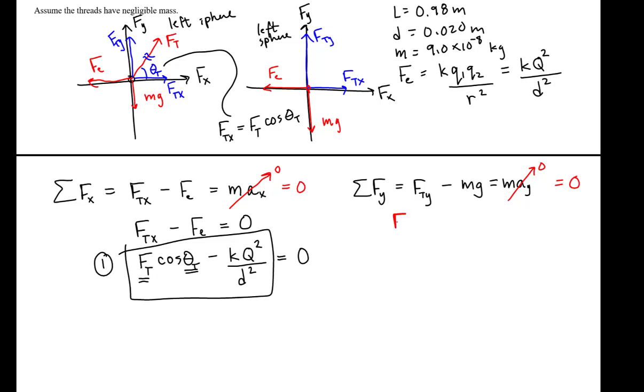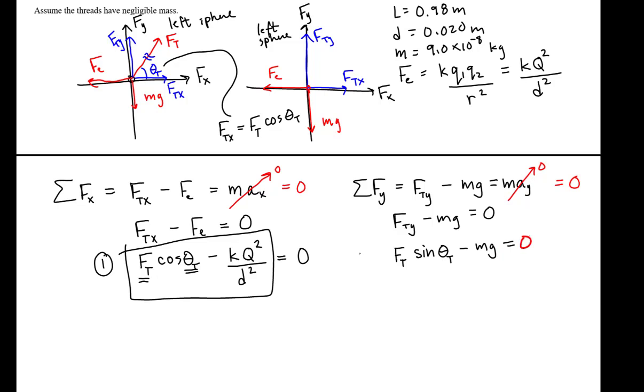So this means that the component of tension in the y direction minus the weight of a sphere is equal to 0. And similarly, using trigonometry, the tension force in the y direction is equal to the magnitude of tension times the sine of the angle the string makes with the x-axis, minus mass times gravity, is equal to 0.